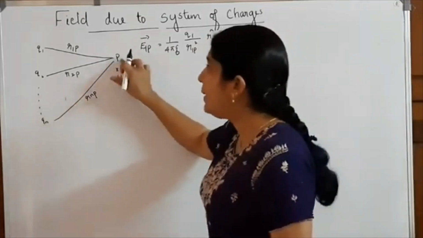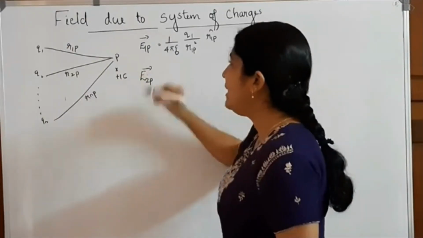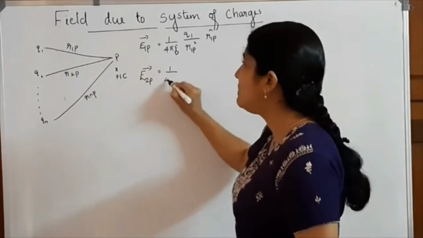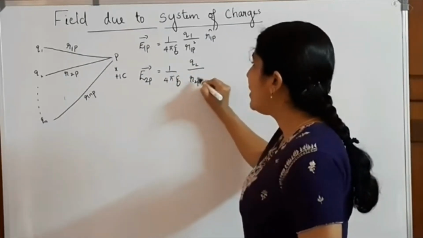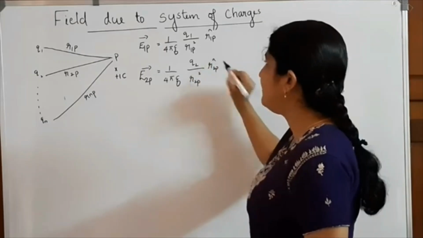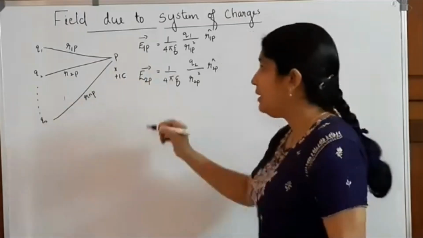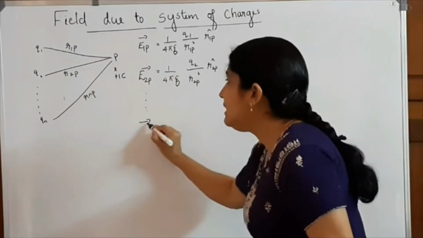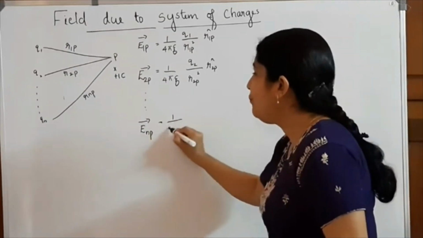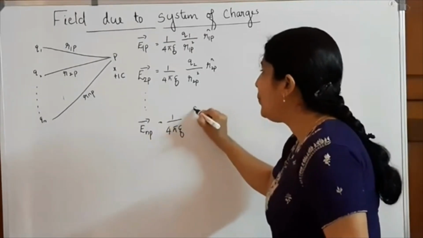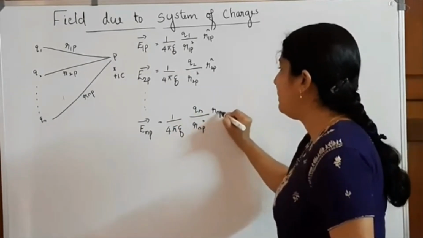Similarly, field at the point P due to Q2 charge, vector E2P, is equal to 1 by 4 pi epsilon 0 into Q2 divided by R2P square into R2P cap. Then field at the point P due to Qn charge, vector EnP, is equal to 1 by 4 pi epsilon 0 into Qn divided by RnP square into RnP cap.